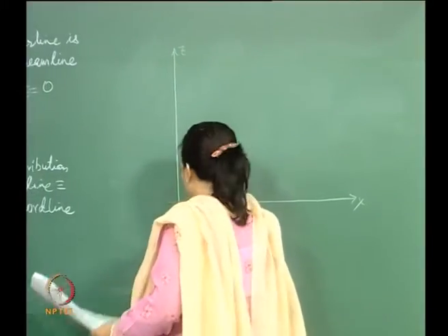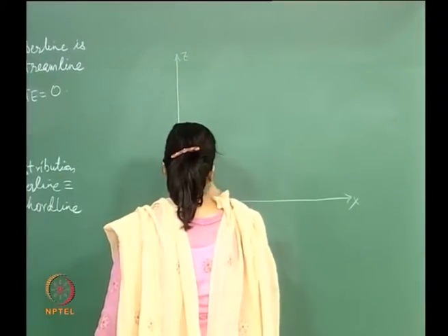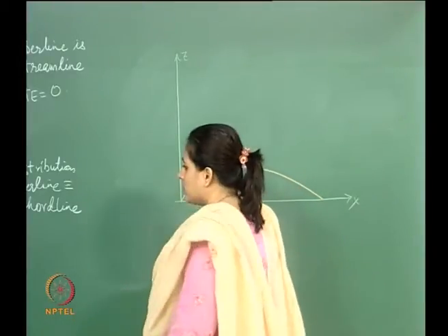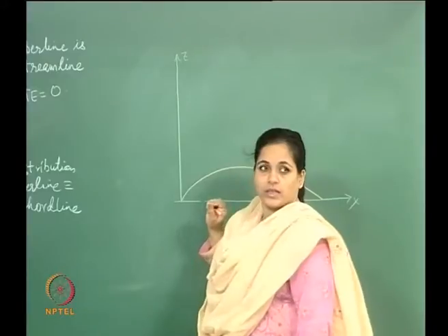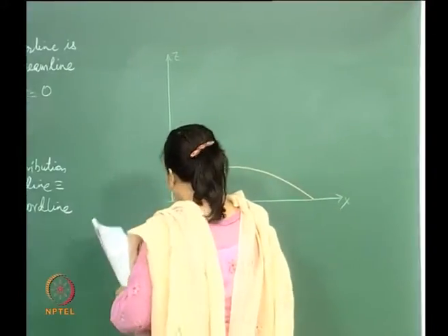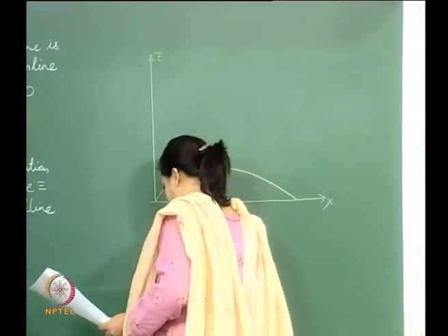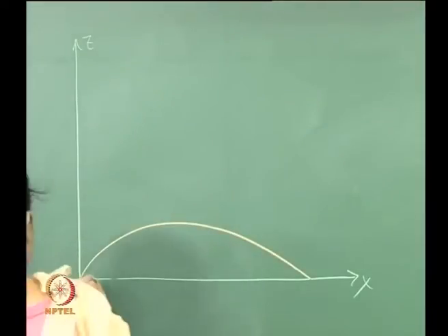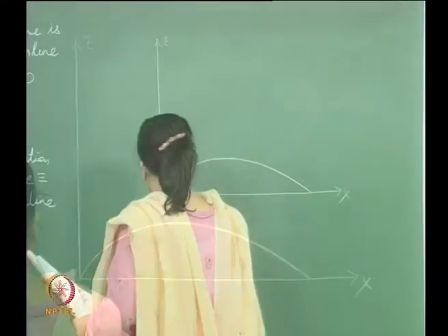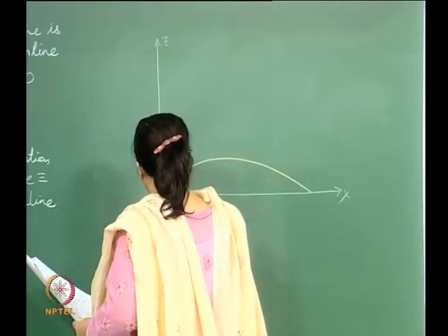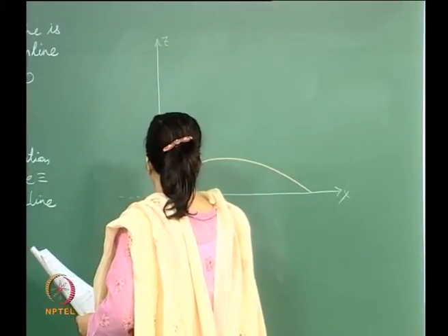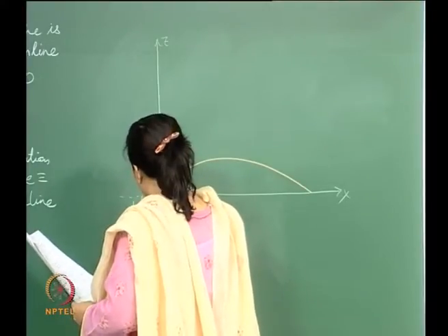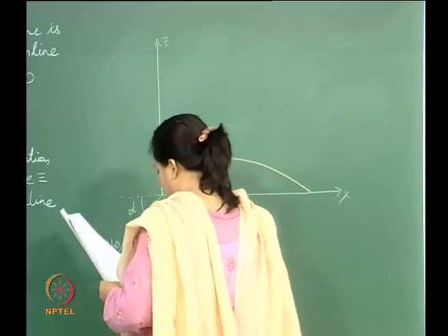I am drawing just the camber line here, and basically we have this making alpha, this is the free stream.